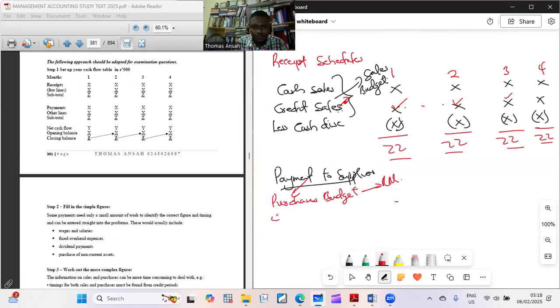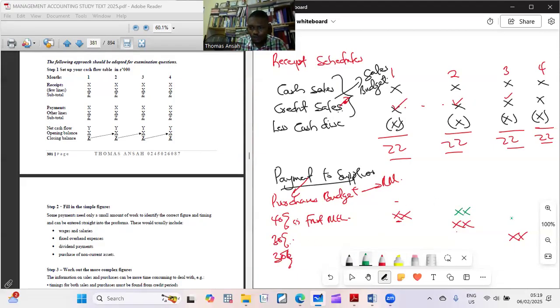If they say 40% of the money is paid in the first month, then you do 40% of that purchases budget value and put it in the first month. If they say the next month 30, you put 30. Let's say the remaining 30 is also in the next month. You put it like this. And if you are doing the one for month 2, 40% first will be here.